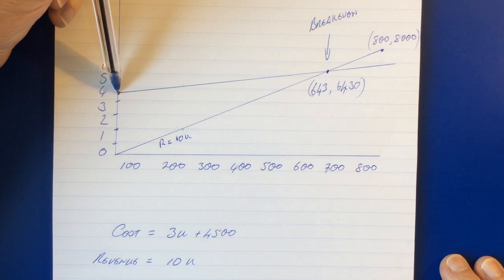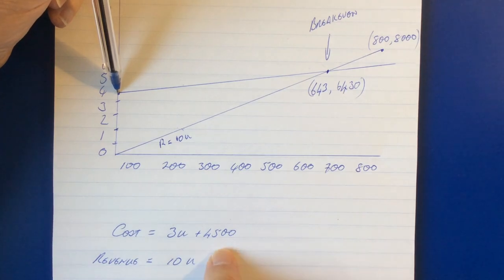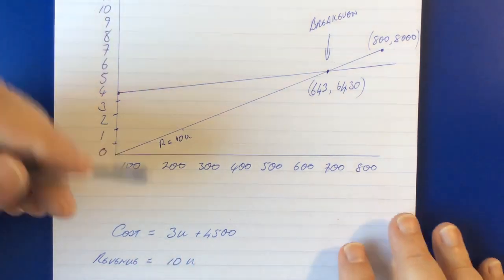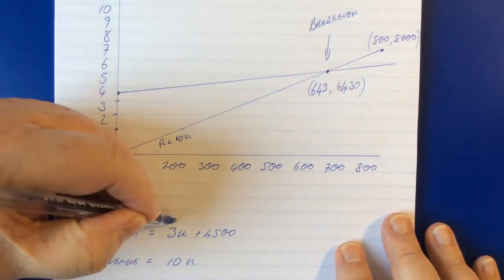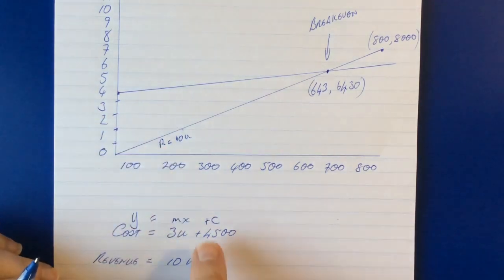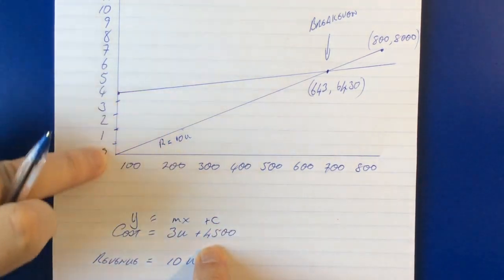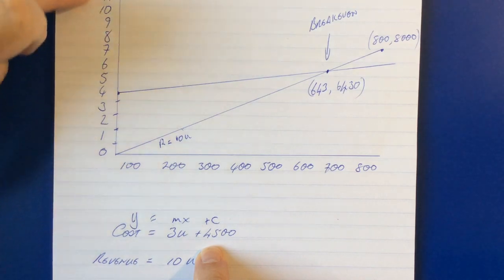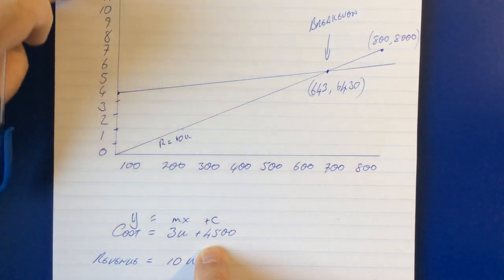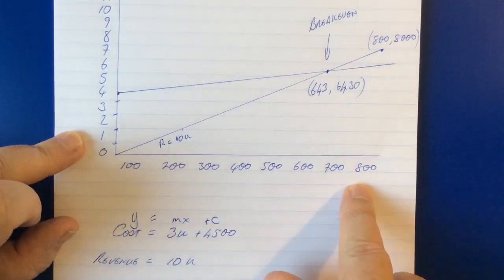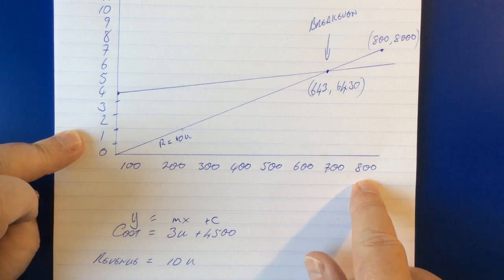There's a fixed expense of $4,500. That's this. So like any linear equation, y equals mx plus c, the c is the y-intercept, and y in this case is revenue in thousands of dollars, and these are units of production in hundreds.